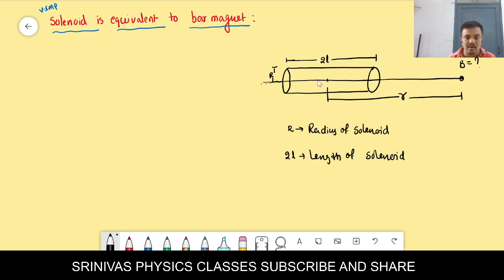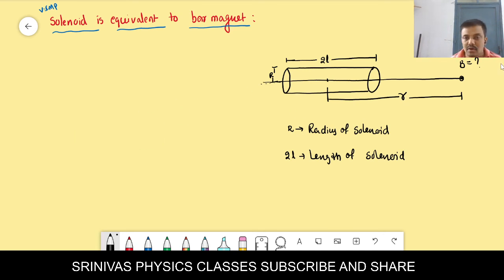For that, we have to find the magnetic field on the axis of the solenoid. We already know the field due to a bar magnet. If the field due to the bar magnet and the field due to the solenoid are the same, then the solenoid is equivalent to a bar magnet or the magnetic dipole.